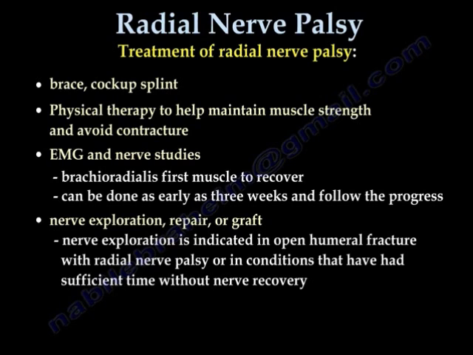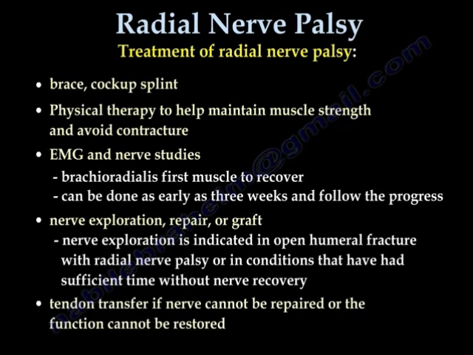Nerve exploration is indicated in open humeral fracture with radial nerve palsy or in conditions that have had sufficient time without nerve recovery. Tendon transfer is done if the nerve cannot be repaired or if function cannot be restored.